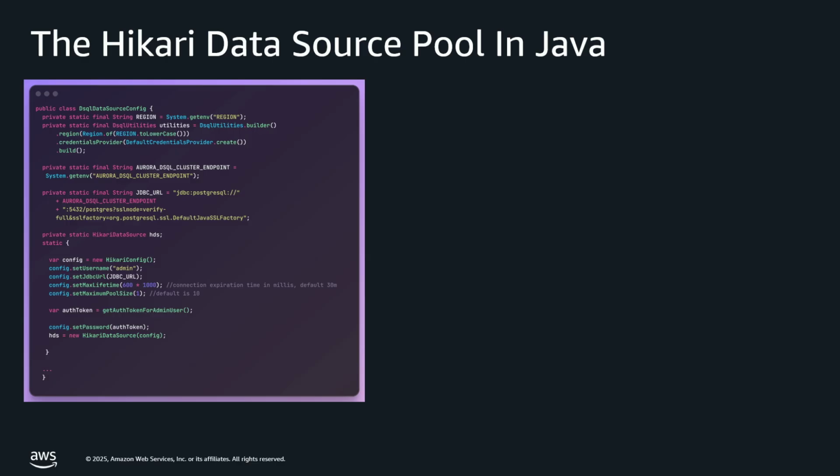So it's still a good practice. For Java I use the Hikari data source pool. I create that and say how many connections. You can even say one connection in the pool because basically Lambda is a single-process application and only needs one connection at a time, and then it does things sequentially.